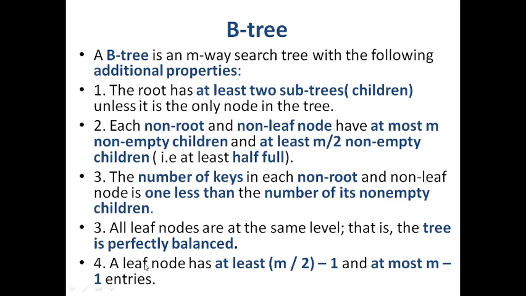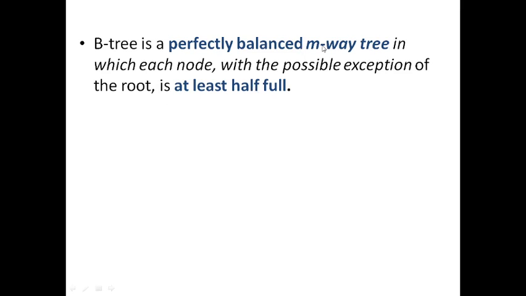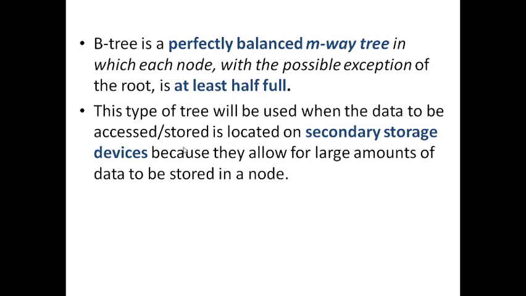So only if you construct a B tree with all these characteristics can it be considered a B tree. A B tree is a perfectly balanced M-way tree in which each node, with the possible exception of the root, is at least half full. And this type of tree will be used when the data to be accessed is located in secondary storage, because they allow for large amounts of data.